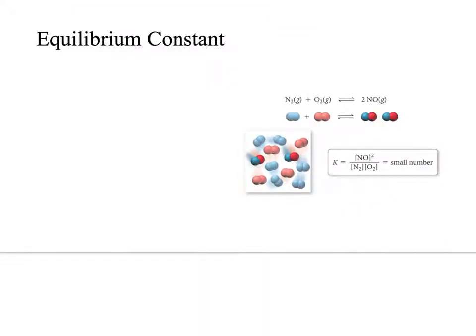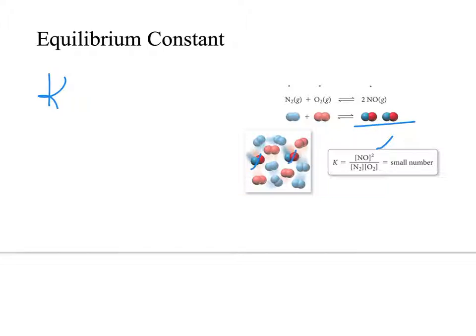Let's look at another example. We have nitrogen gas plus oxygen gas go to 2 nitrogen monoxide. So when I'm writing the equilibrium expression, the concentration of nitrogen monoxide gets squared, and then we have the concentration of nitrogen times oxygen on the bottom of the fraction, the denominator. All right, so let's go ahead and solve K for this reaction. I'm going to count the red-blue combined here.